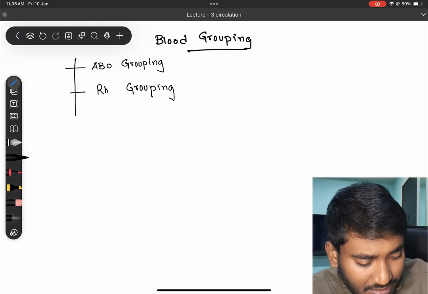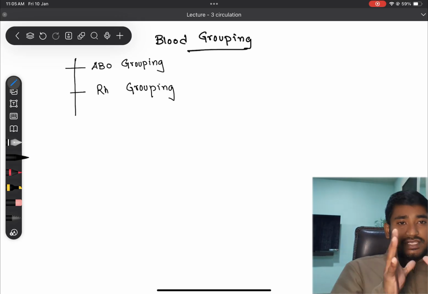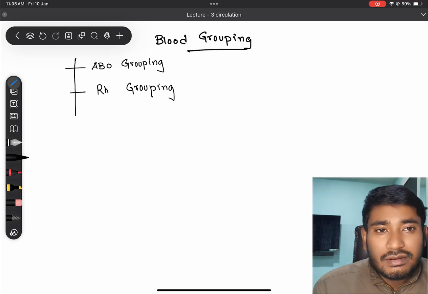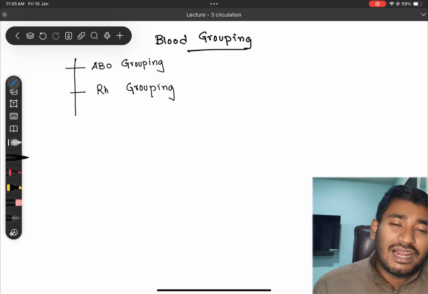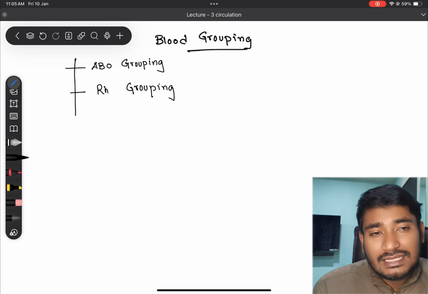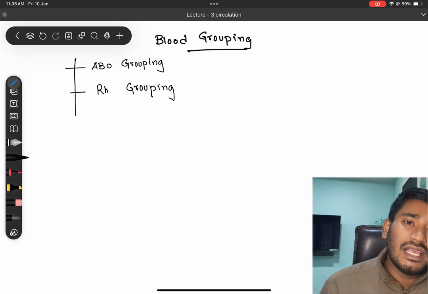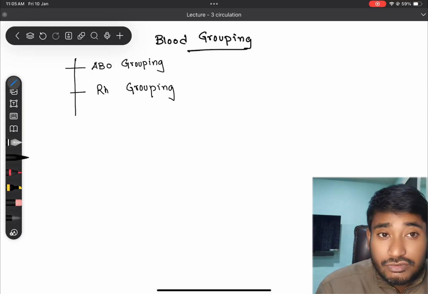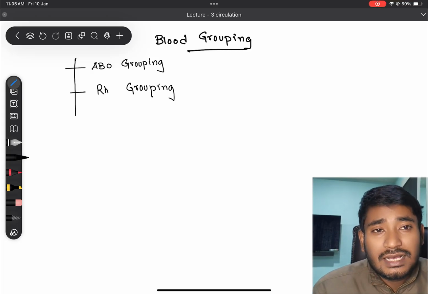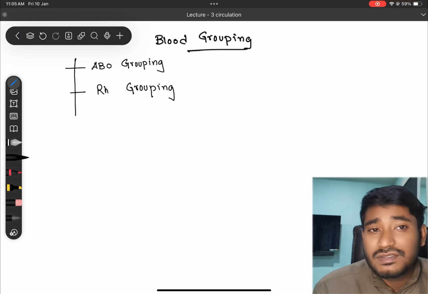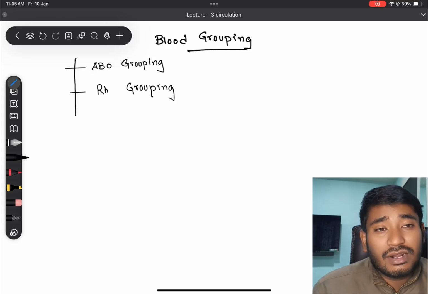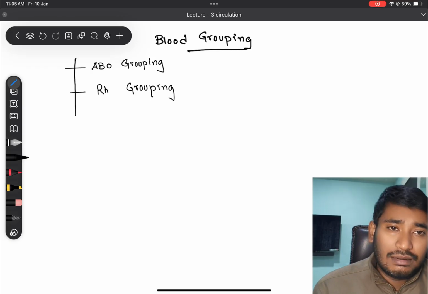Have you seen any blood bag containing blood? A blood bag contains 350 ml of blood, and the RBC have a lifespan of 60 days inside the blood bag. In the human body, RBC has a lifespan of 120 days, but when it is stored in the blood bag, it has a lifespan of only 60 days.